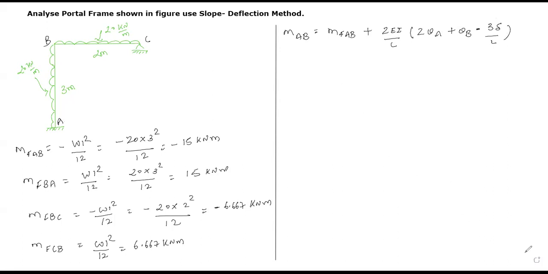Right? So first of all, let us understand the behavior of the structure. Whatever kind of loading is given, except if there is an unsymmetrical loading, it will make a change. But in this case, your structure is subjected to uniformly distributed load throughout the span.